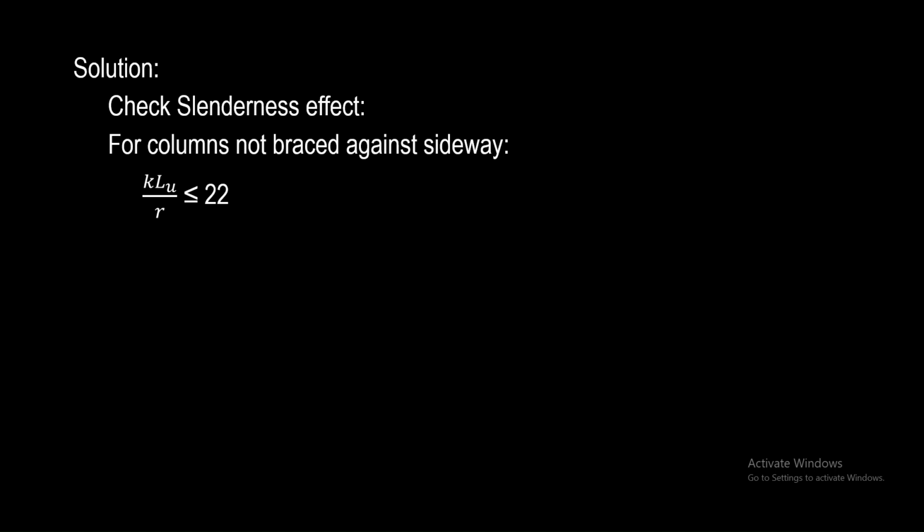As stated in the given, the effective length factor K is 1.3, the unsupported length is 5,000, and the radius of gyration is 0.30 of the one side dimension of the square tied column. We have 48.148 as the slenderness ratio of the section.